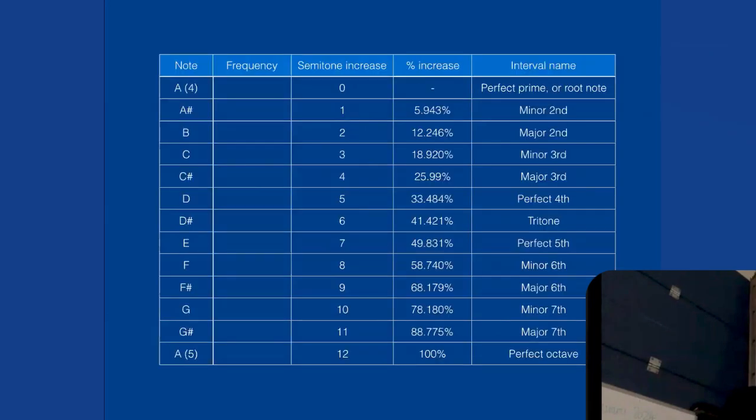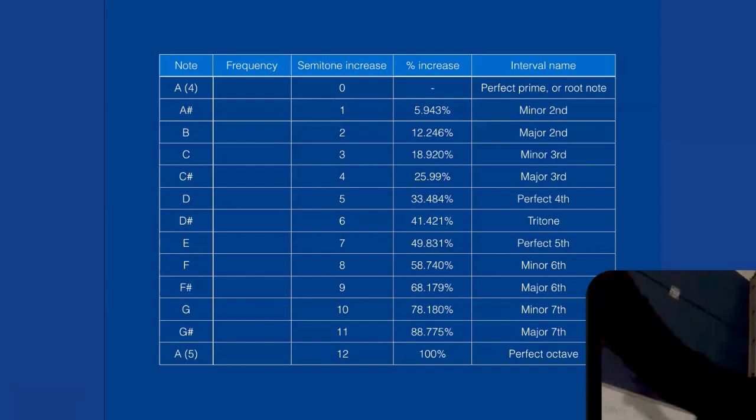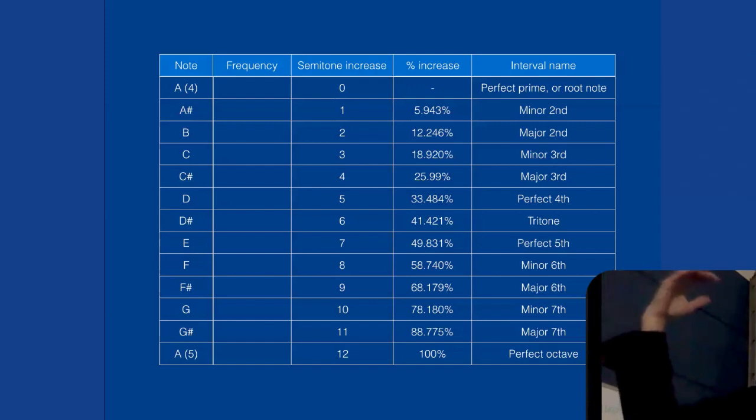Okay, so we go to the table here. These are the incremental percentage increases for each note. I've typed that one wrong. That should be 5.946%.